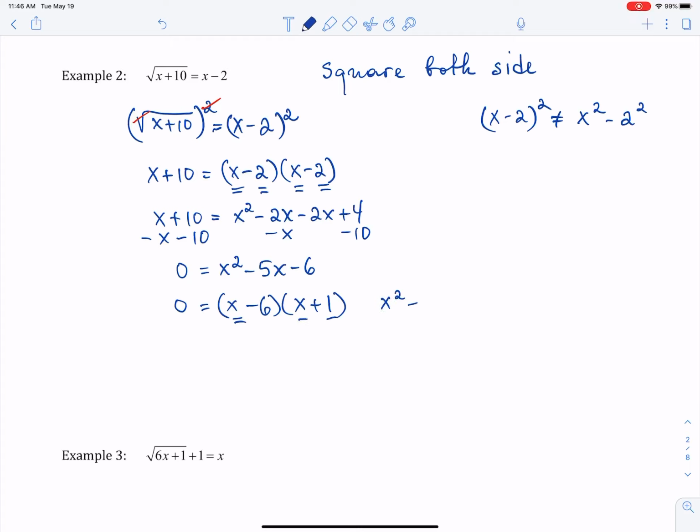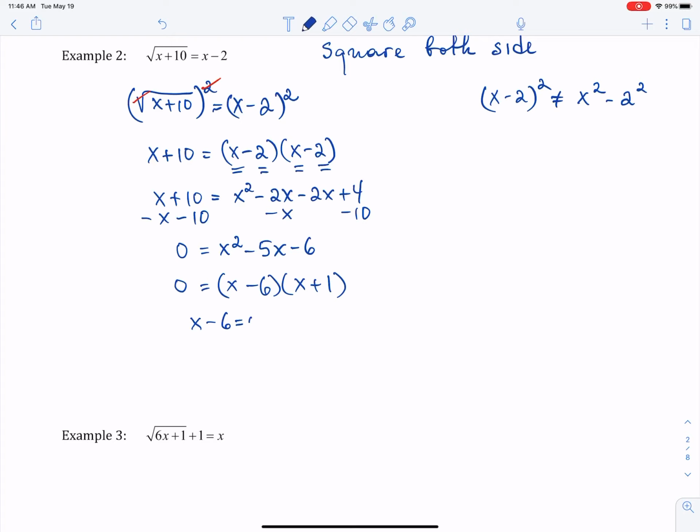Alright, again based on the zero product property, x minus 6 needs to be 0, or x plus 1 needs to be equal to 0, where I get two solutions, x is 6 or x is negative 1. Again, I must check. When x is equal to 6, I substitute in the very first equation x plus 10, which makes it 6 plus 10.